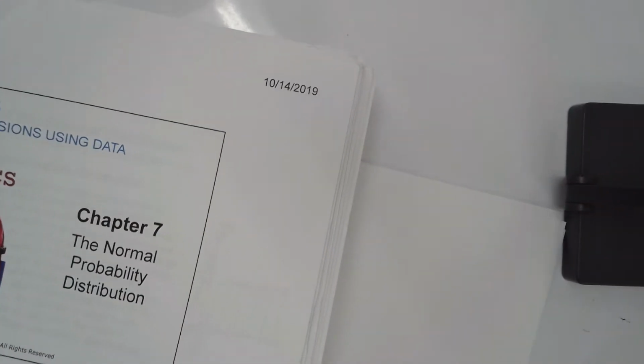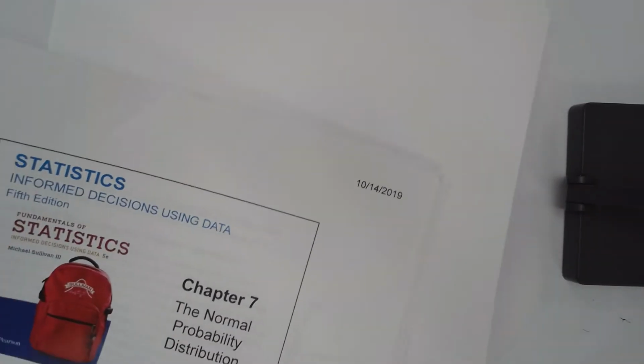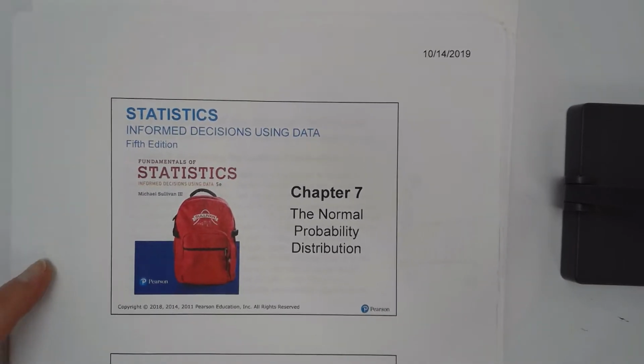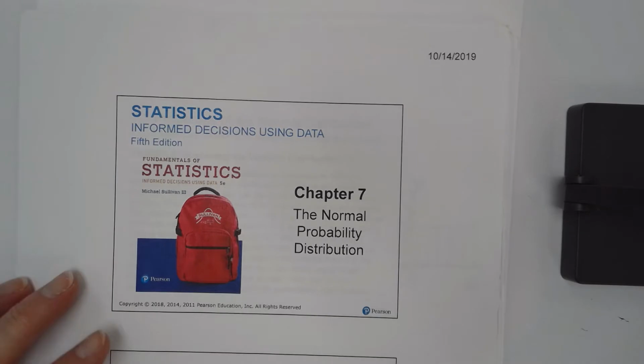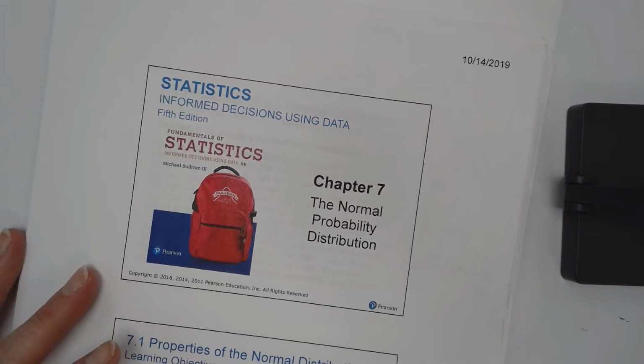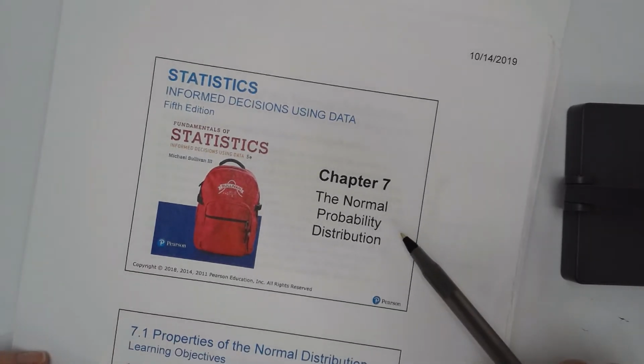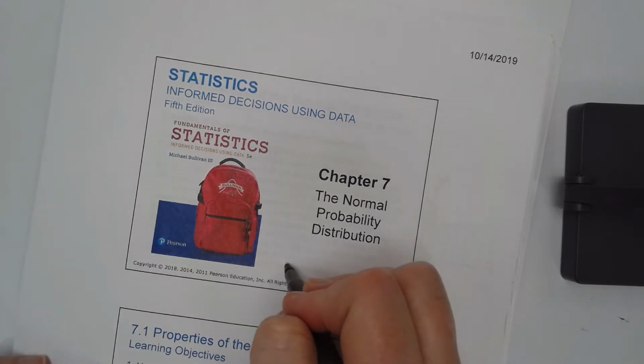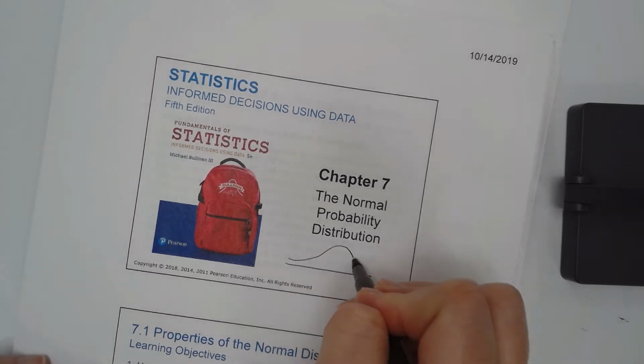All right, so in chapter 7, we're looking at the normal probability distribution. So we have already looked at this kind of stuff all throughout the semester, okay? Because a normal curve is a bell-shaped curve.